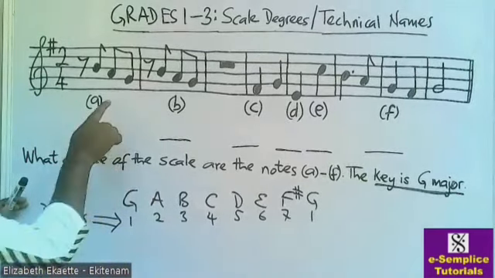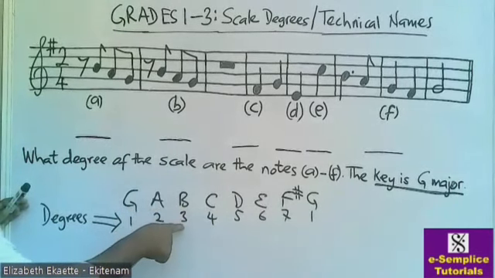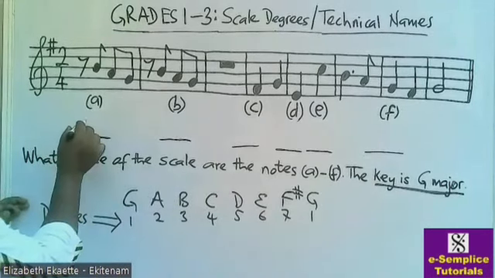The note labeled A here, if you look at it, this is letter B. All you need to do, come to this G major scale and look for B. You'll find that B has number 3 under it. That means that letter B is the third degree of G major.